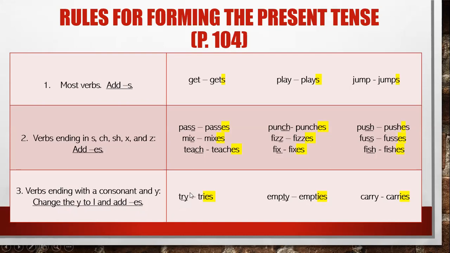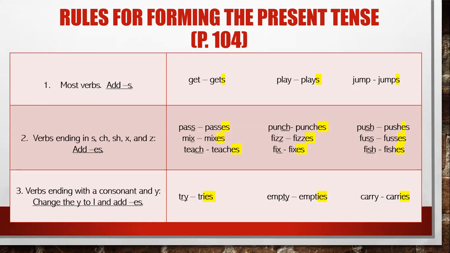Try. Try, you immediately notice that try is a verb that ends with Y, okay? Now, you have to look, what does it mean? Verb ending with a consonant and Y. Mrs. Villahermosa, I don't get this. What do you mean? Well, it's easy to notice that this verb ends with Y. That's the easy part. Now, I want you to look at the letter before the Y, this one right here, R. And you're going to look at the list that you made with the alphabet, dividing the vowels and the consonants, and you're going to see, is R a vowel or is R a consonant?